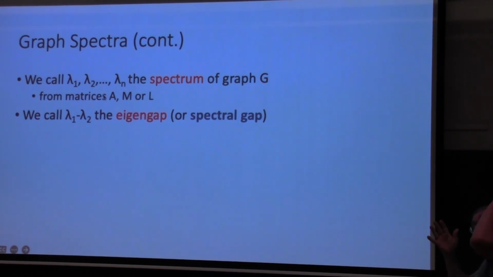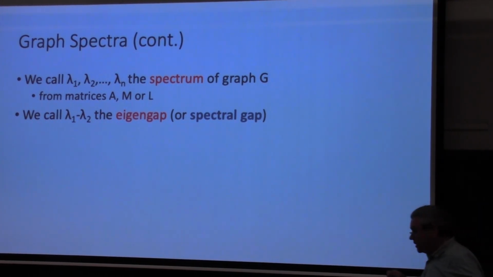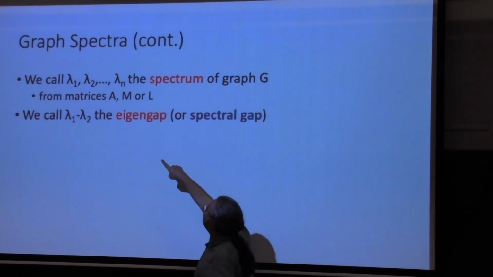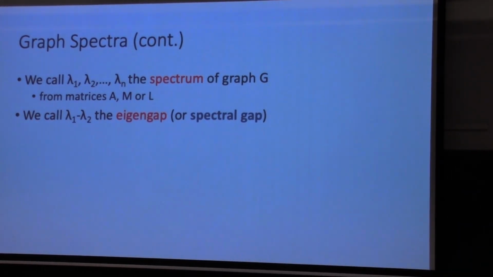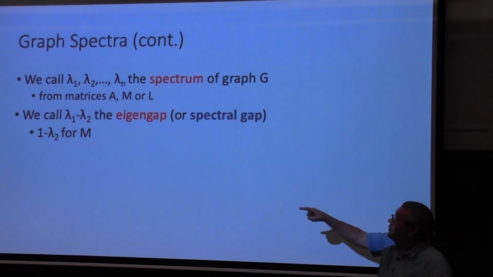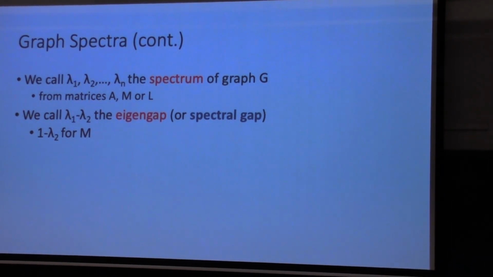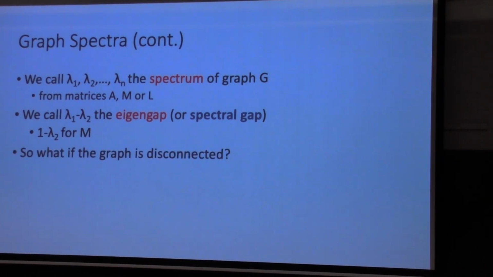Lambda 1 is the principal eigenvalue, but lambda 2 is also interesting. Lambda 1 minus lambda 2 has a name: the eigengap, or the spectral gap. And for M, it's 1 minus lambda 2, because lambda 1 is equal to 1. What if the graph is disconnected?